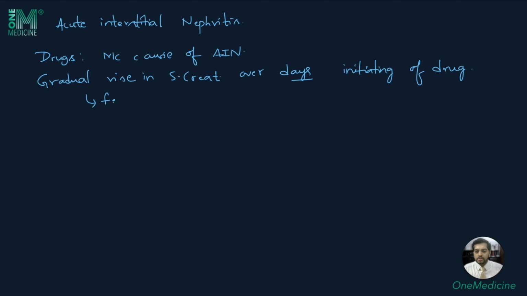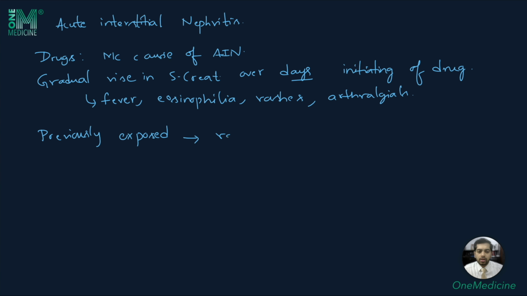Patients can also experience fever, eosinophilia, there can be rashes, and even arthralgias. In patients who are previously exposed to the medicines, there can be a rapid decline in glomerular filtration rate, which is evidenced by a very rapid increase in serum creatinine.